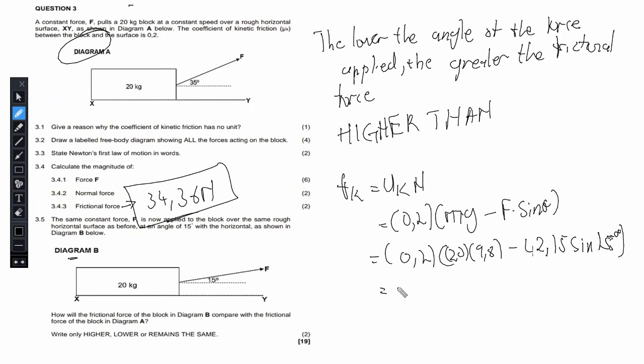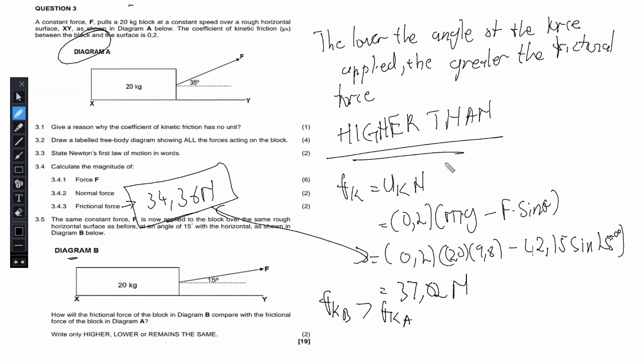This is going to give us 37.02 newtons, which, compared to this one, shows that the Fk in diagram B is greater than the Fk in diagram A. So that means we are correct in saying higher than.